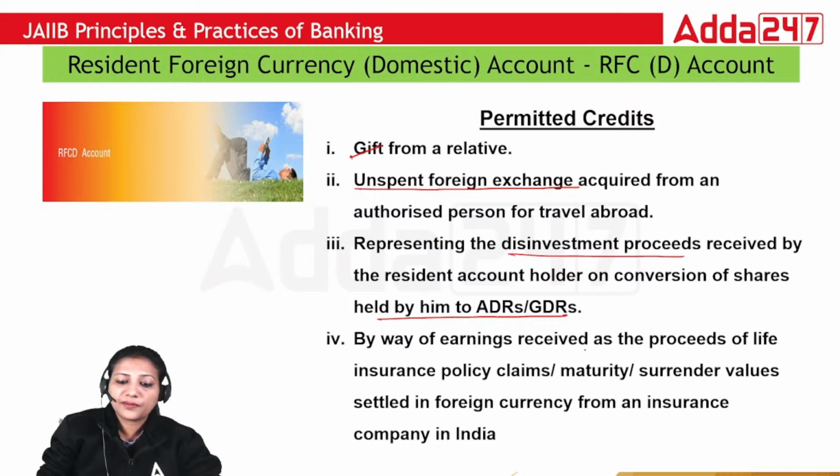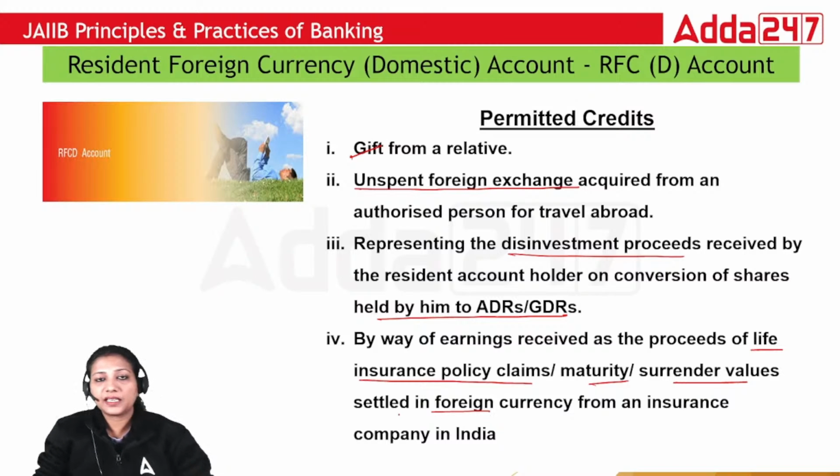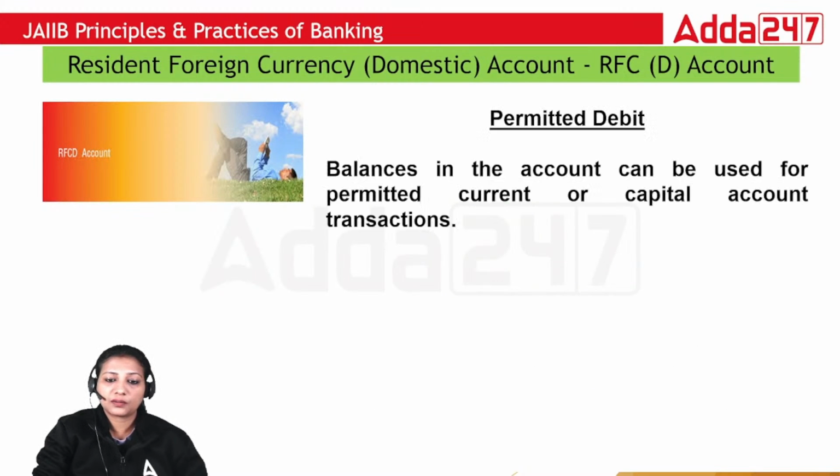By way of earnings received, as in RFC account, we have also seen that any proceeds of life insurance policy claims, maturity, surrender value settled in foreign currency by any Indian insurance company. If an Indian insurance company has settled a claim and the settlement was done in foreign currency, not in Indian currency, then it can be credited into RFC-D account.